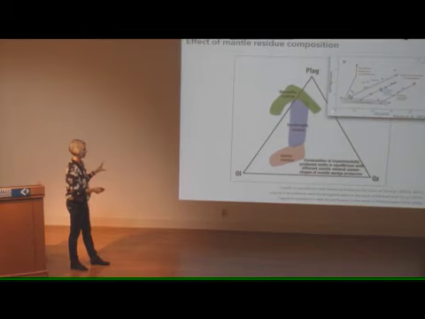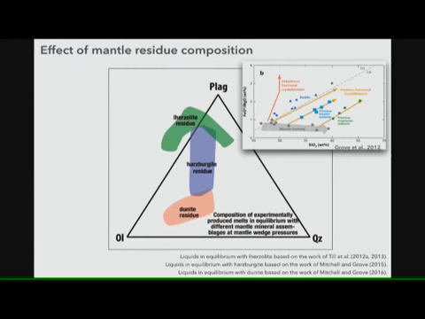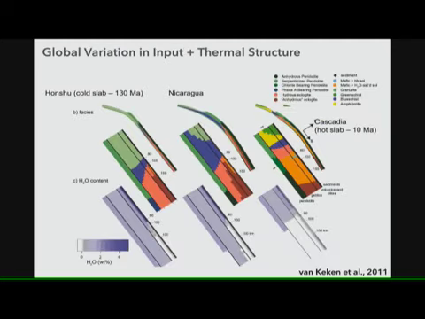And here's things that are wet mantle melting, and increased depletion of the residue will follow this gray arrow in this direction on the Miyashiro diagram. So we can start to explain a wide range of the primitive basalt compositions that we see in arcs by these various melting mechanisms: the dry, the wet with the different residues, the wet with the different extents of melting. And then, of course, we have the additional complication of variations in the thermal structure.